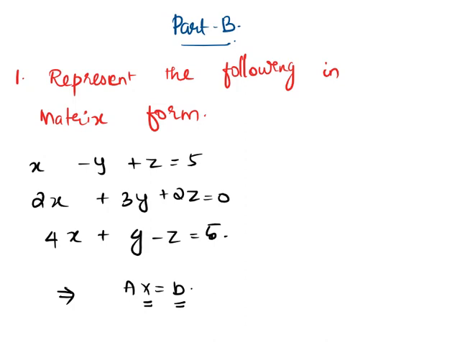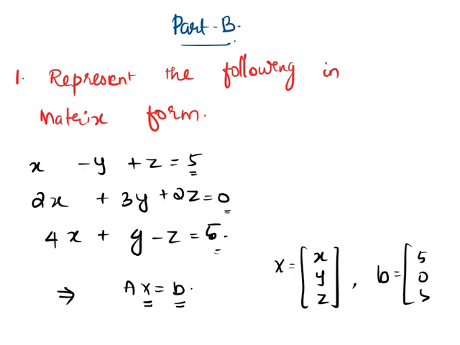So we can easily write x, that is the variables are x, y, z, and we have B, that is the solution, which are 5, 0, 5.